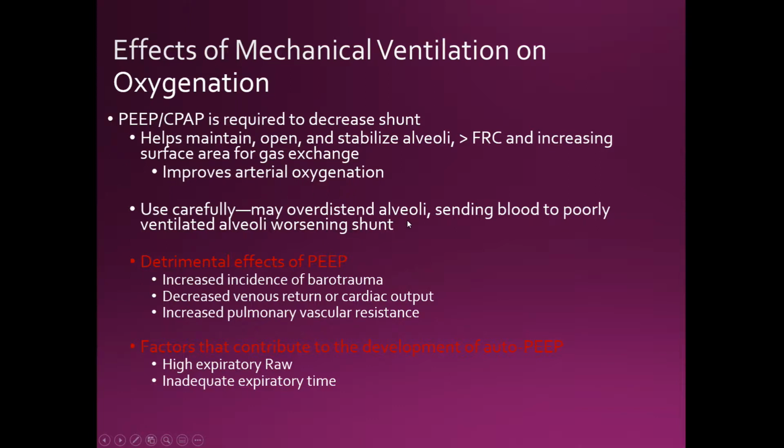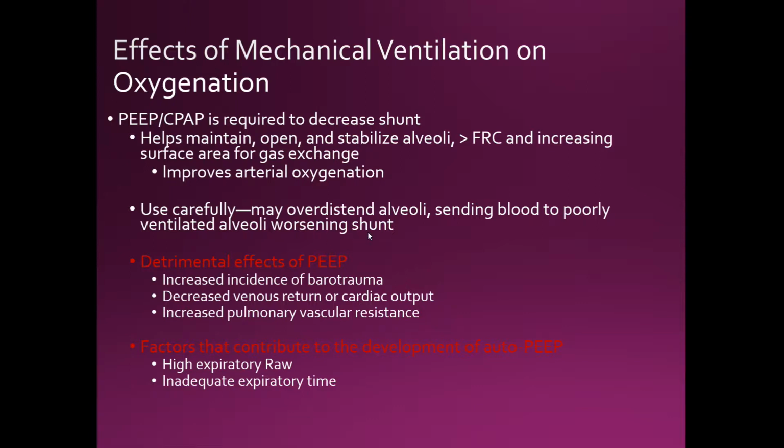Now you can't over-distend alveoli. In chapter 45, I showed you a picture of over-distended alveoli or beaking, right? So that shows there's an overdistension in your alveoli. And when you do that, you can send some of the blood to poorly ventilated areas, worsening the shunt.